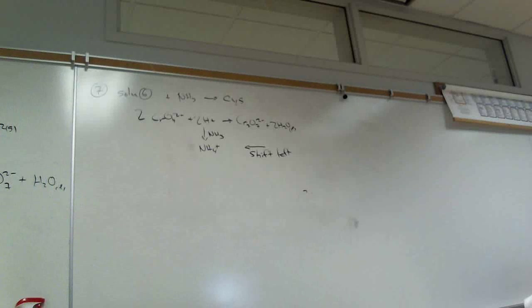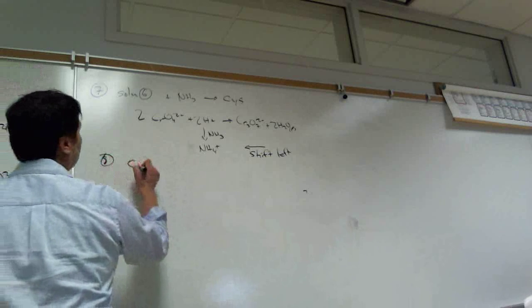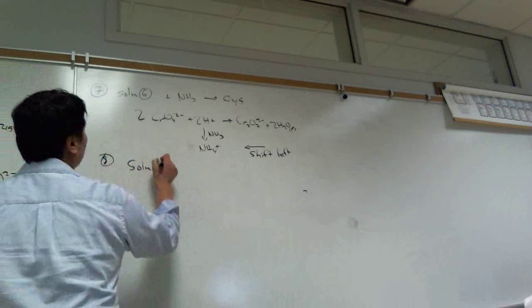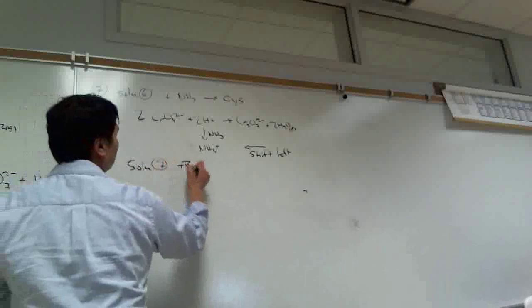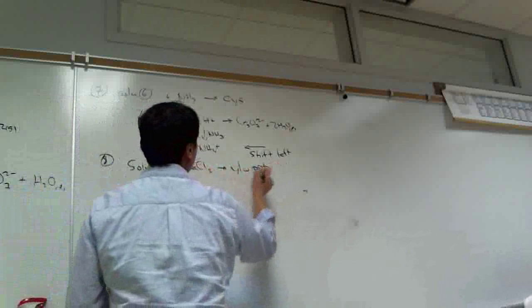So after we add the ammonia, then we're going to add some barium chloride. So here we'll take the solution from 7 plus barium chloride will yield a yellow PPT.